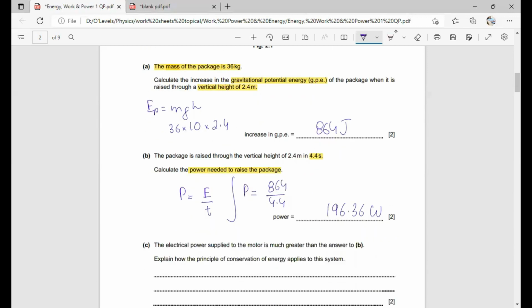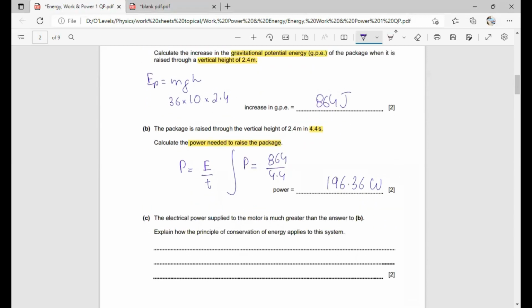So we will get the actual power. Now, in part C, the electrical power supplied to the motor is much greater than the answer to B. Explain how the principle of energy conservation applies to the system.